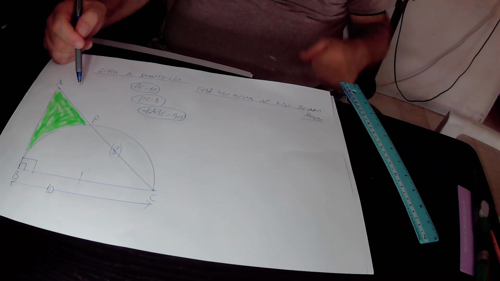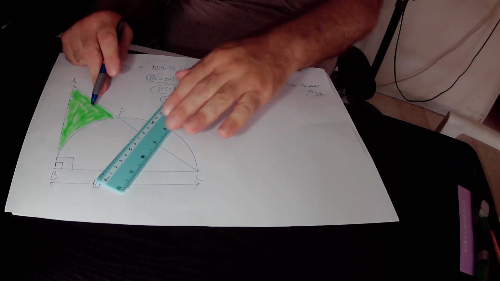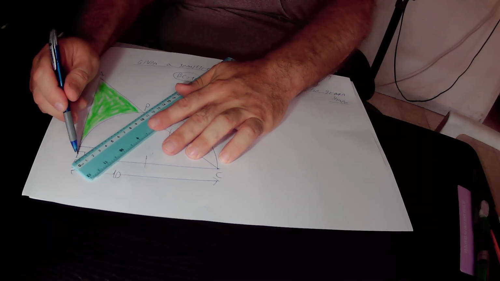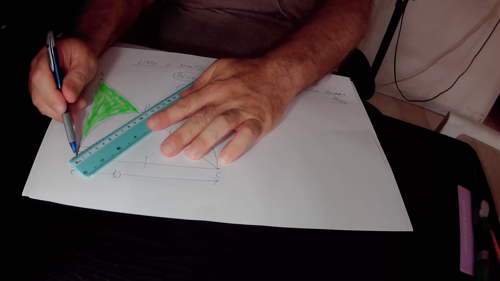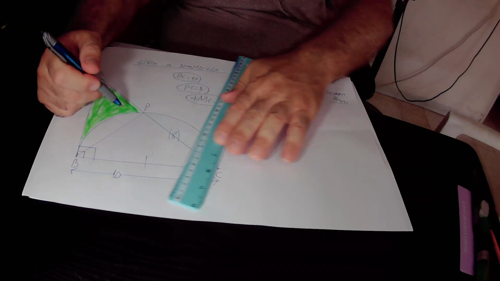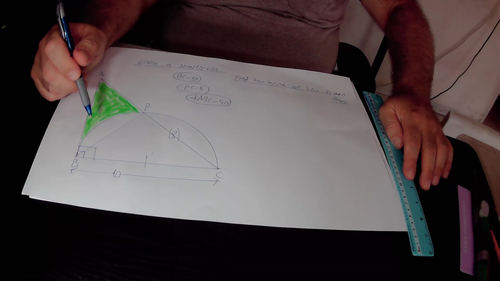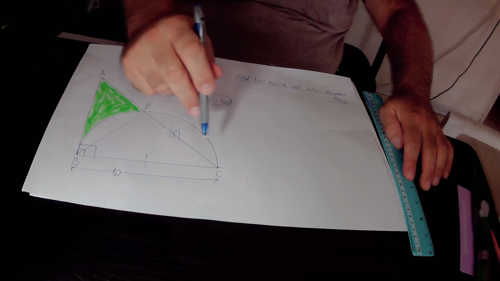So first of all, we join points P and B together by a straight line. By joining points P and B, we get peripheral angle BPC.